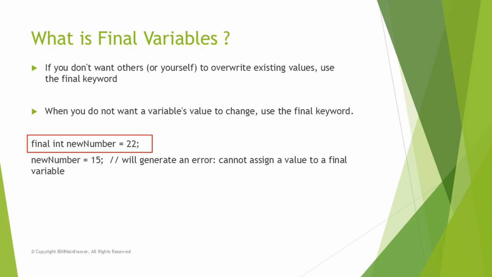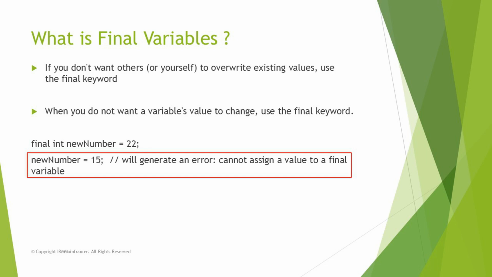But if you want to treat this newNumber variable as a constant value, you just add the final keyword at the beginning. Then if you try to assign a value, newNumber equal to 15, the system will generate an error saying that it cannot assign a value to a final variable. Hope you are clear on what a final variable is.